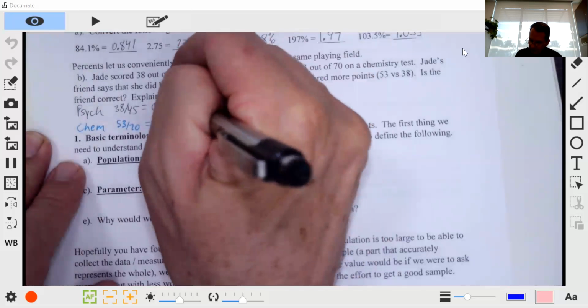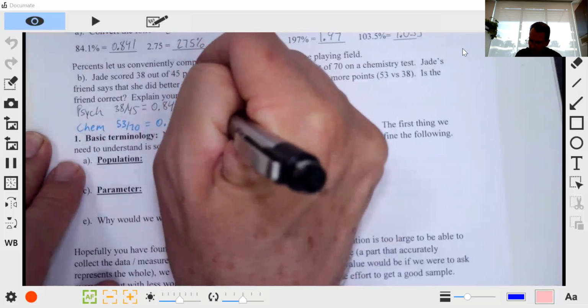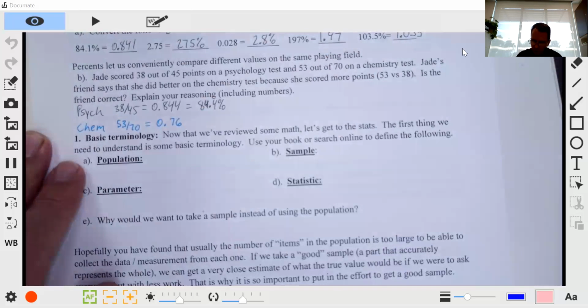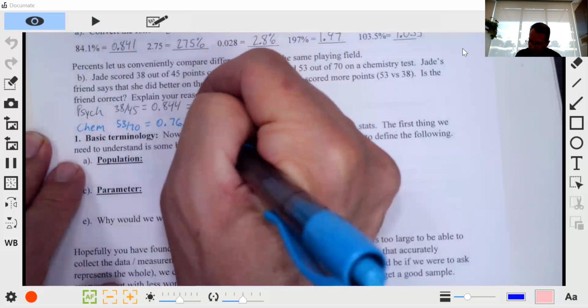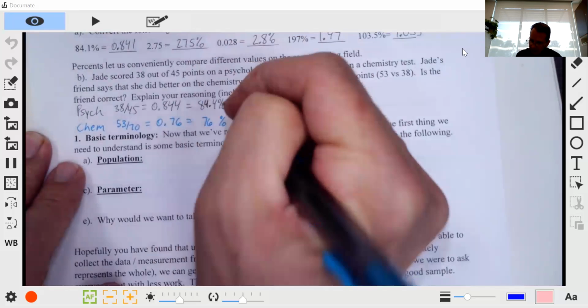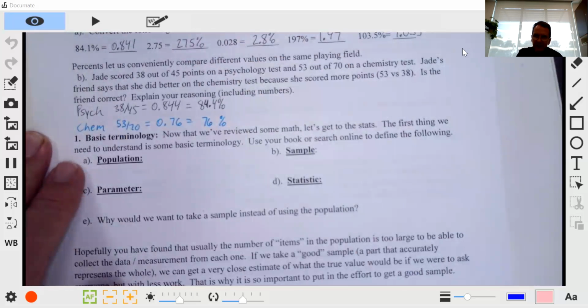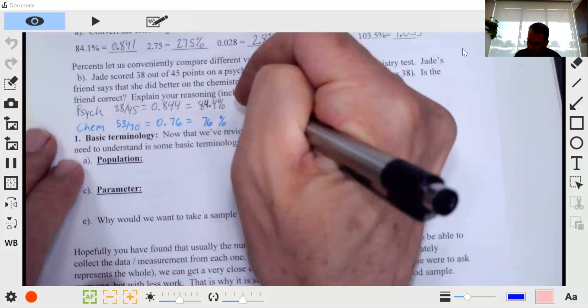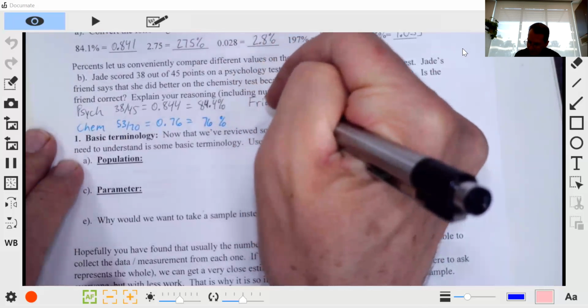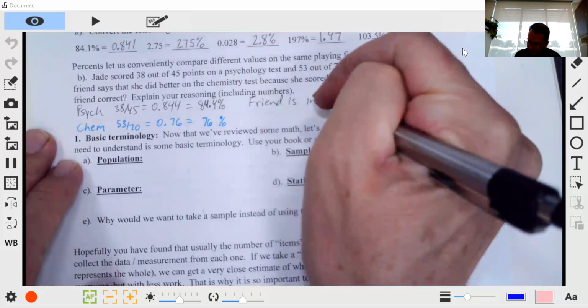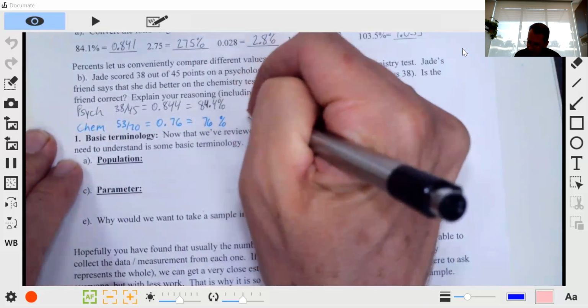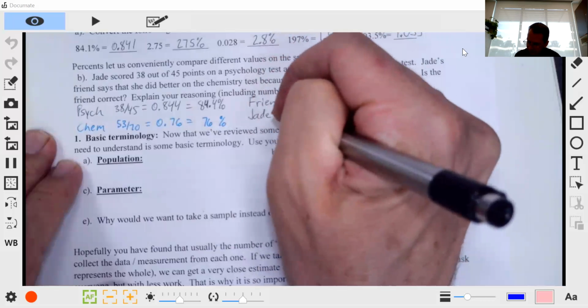So on the psychology test, Jade scored 84.4% of all the points available, even though it had fewer points, and 76% rounded to the nearest percent on the chemistry test. So you're right that Jade's friend is incorrect. Jade scored a higher percentage on the psychology test.